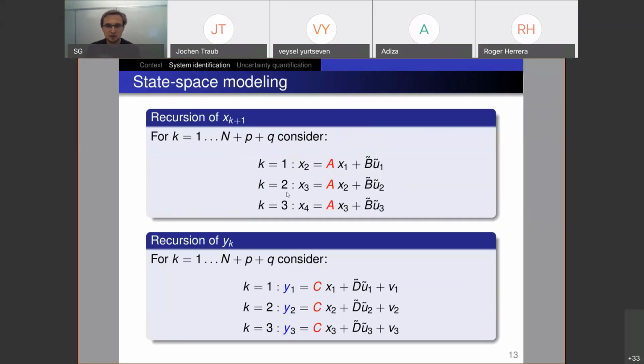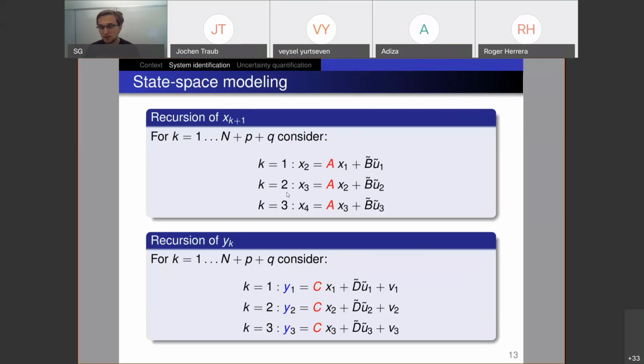So for that, let's consider a recursion of our states and of our outputs. The n plus p plus q is our total data length, and consider the states computed at time instants 1, 2, and 3, resulting in x2, x3, and x4, and also the data recursion done in a similar way.